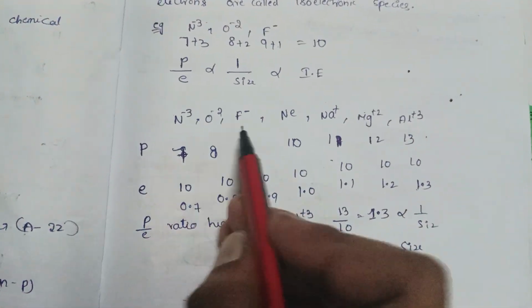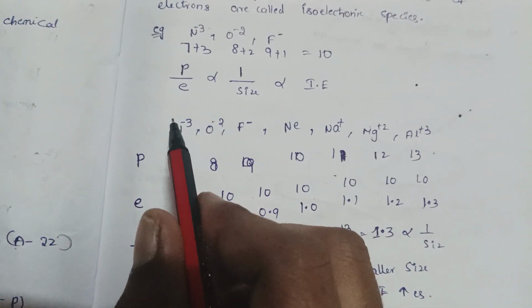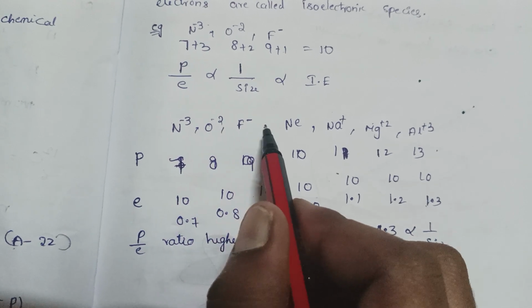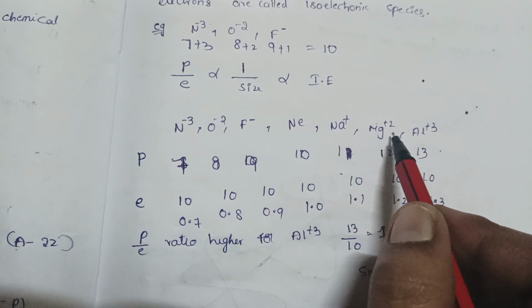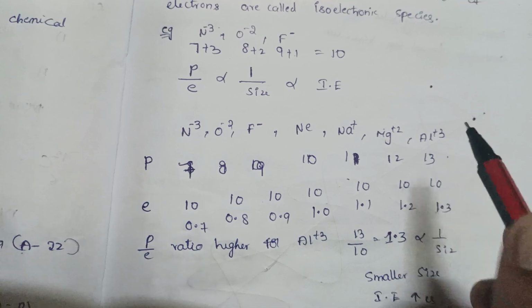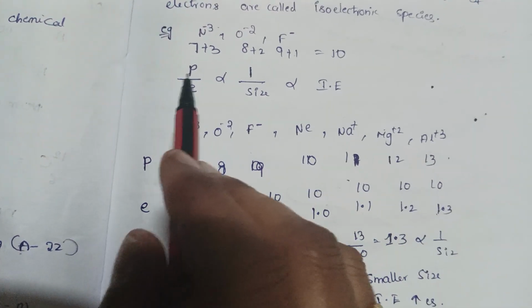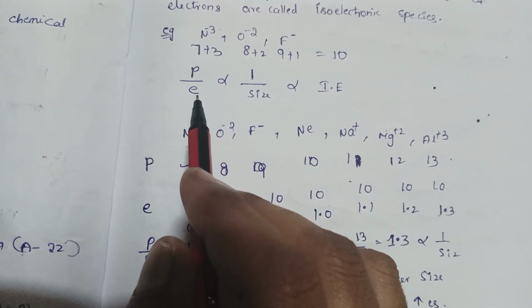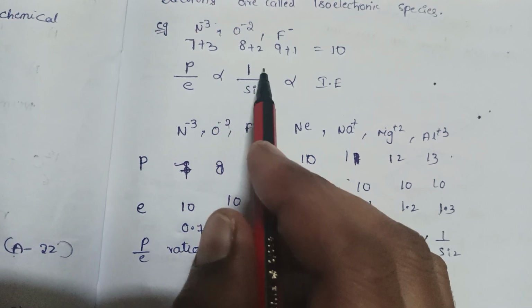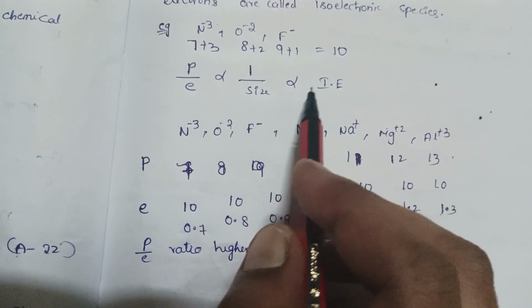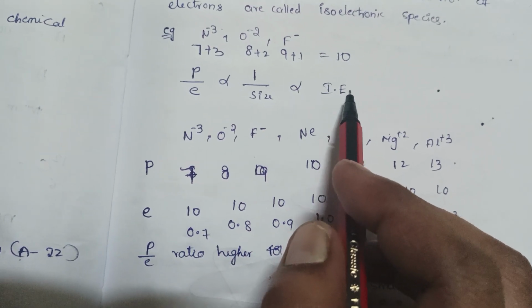If we take one question: N minus 3, O minus 2, F minus, neon, Na plus, Mg plus 2, Al plus 3. Here P by E ratio is inversely proportional to size and directly proportional to ionization energy.